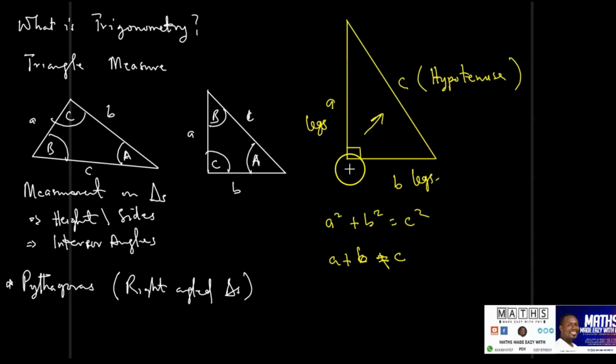But the sum of the squares of the two legs should give you the hypotenuse squared. So this is the establishment Pythagoras made on trigonometry when he was investigating the concept of triangles and the relationship that lies between the sides of a given triangle.